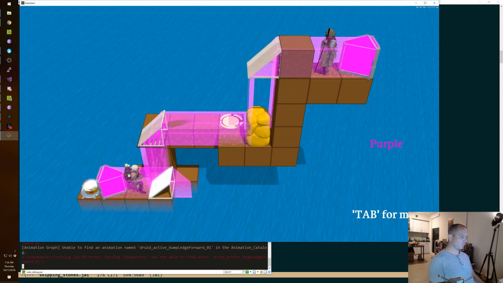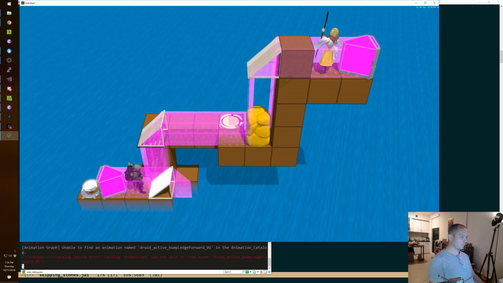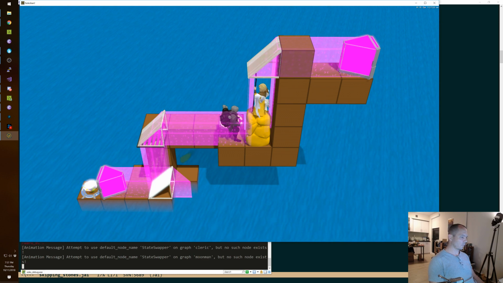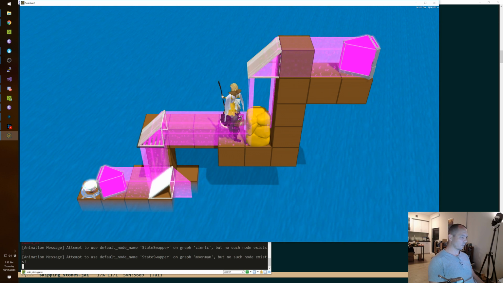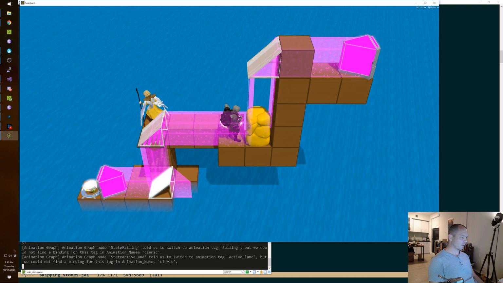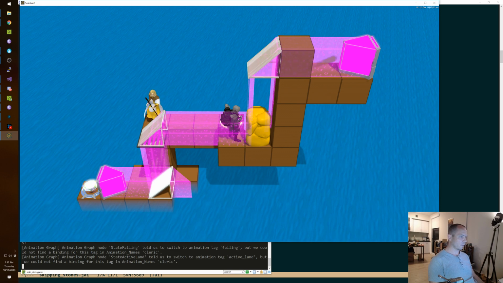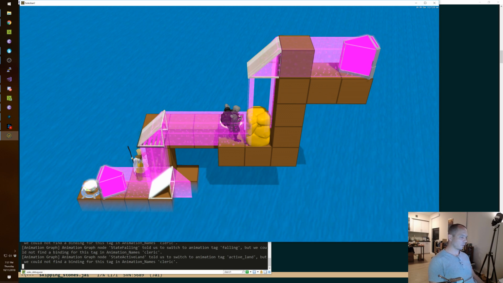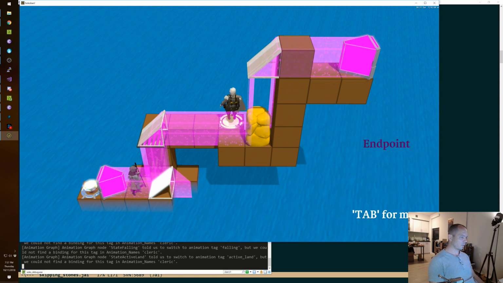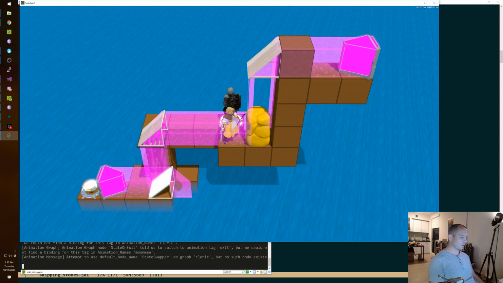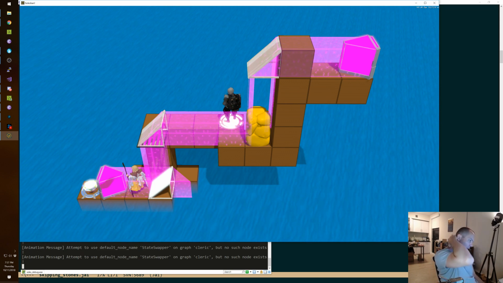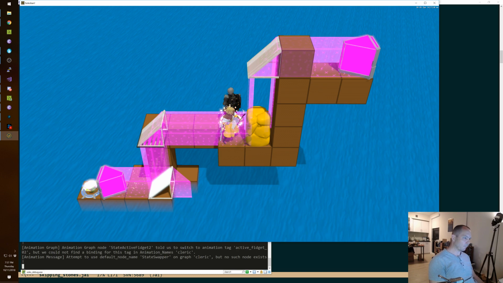This is cute. There's only one exit on this level, so I don't think it's done.